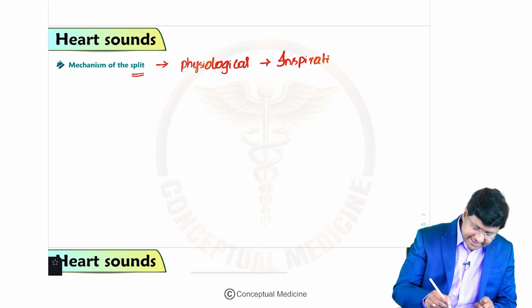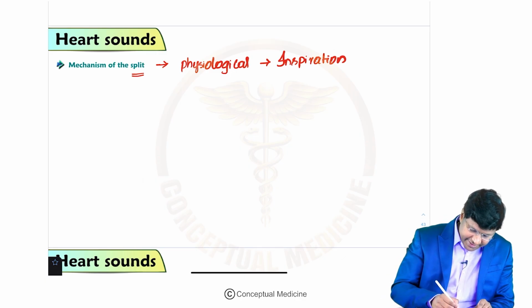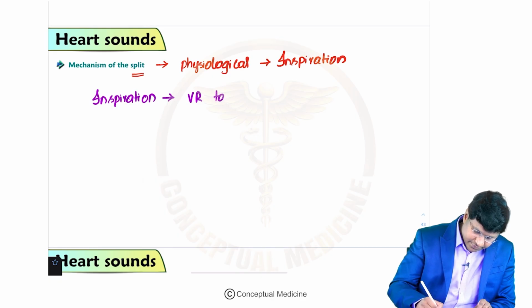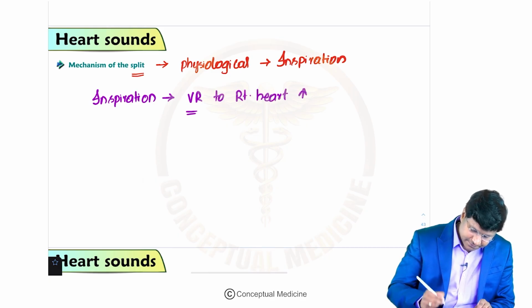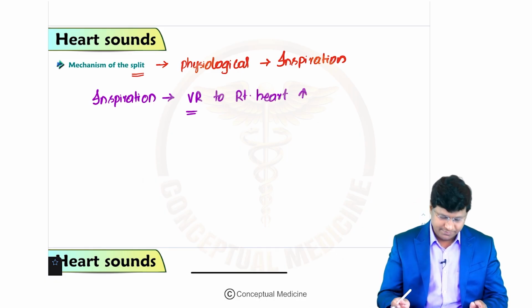And why is it heard only during inspiration? Let me discuss. So during inspiration, what happens? The venous return to the right heart increases. Right? Venous return to the right side of the heart increases.